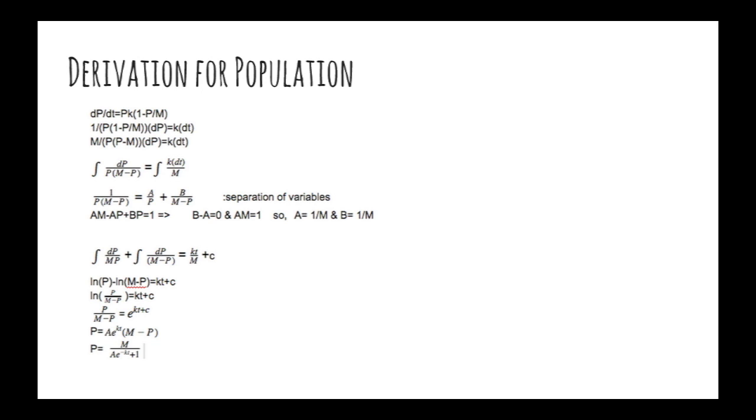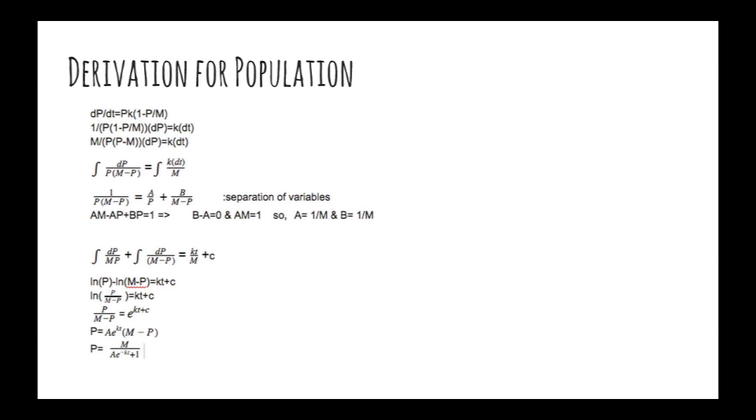You multiply m out, and so you get p over m minus p equals e to the kt plus c, since we want to get population in terms of time.